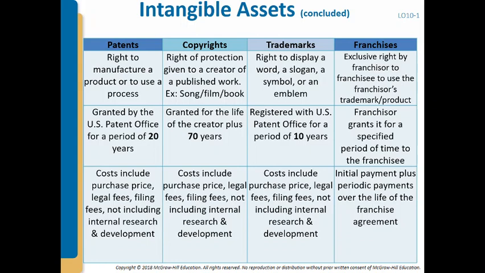The costs that you capitalize are the purchase price if you purchase it. Otherwise, it's the legal fees and filing fees if you generate the patent internally. Any R&D costs to develop this patent are expensed, not capitalized, so they're expensed in the period incurred.